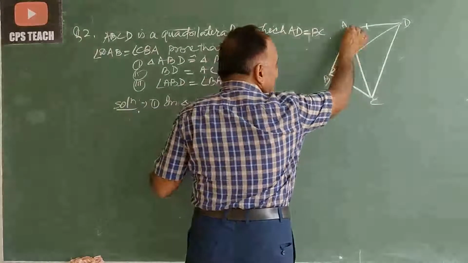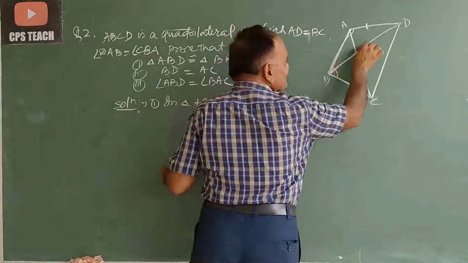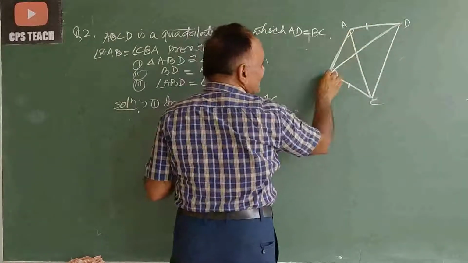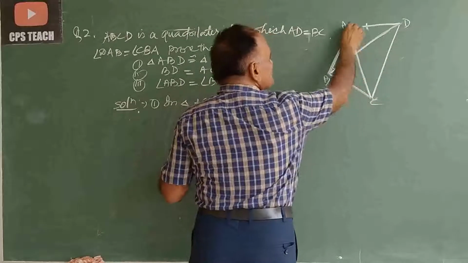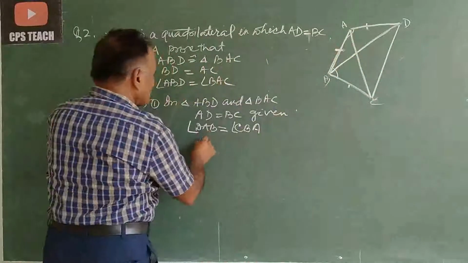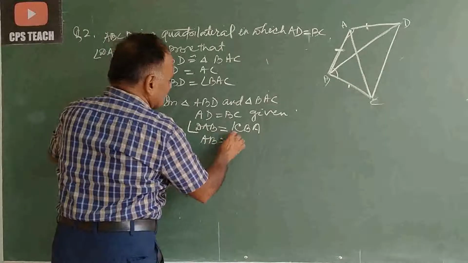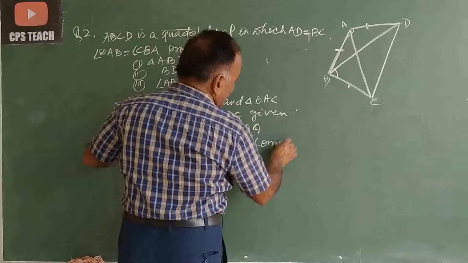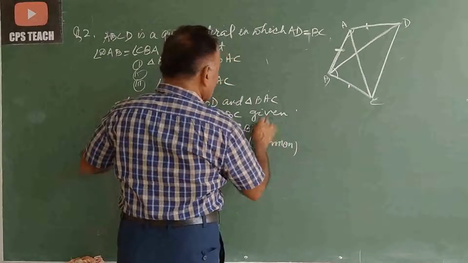And these two triangles, clearly it is visible on the blackboard. This is one triangle and this is another triangle. These two triangles are based on one line segment AB. So AB is equal to AB. This is common, and it is also given.